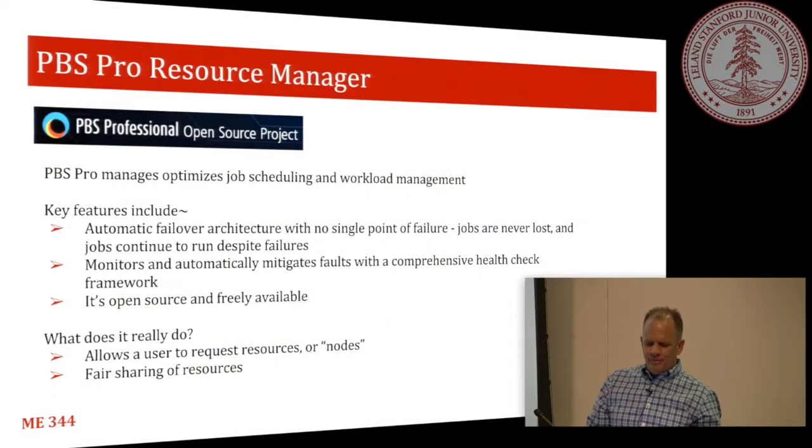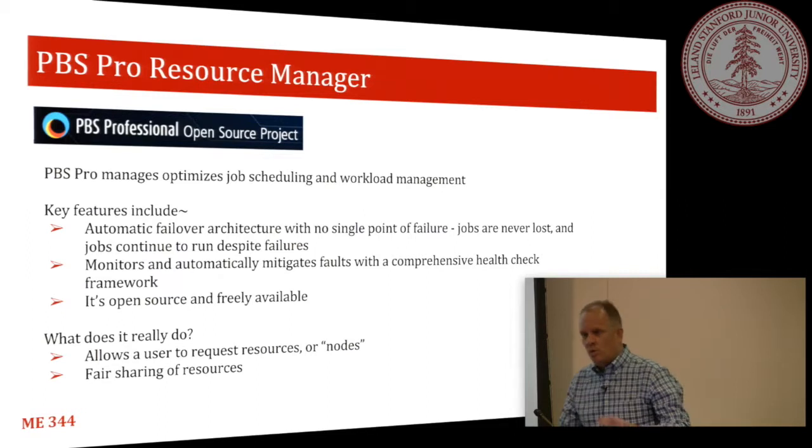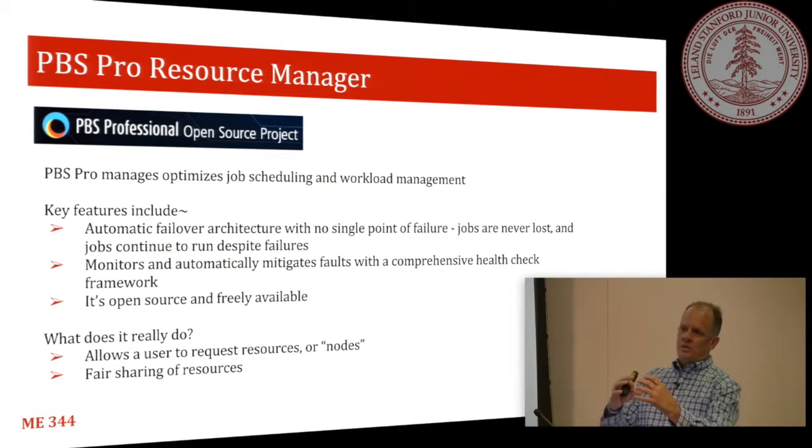So if you haven't been running a lot in the past 28 days and you go to submit a job or request nodes on the cluster, your job will move up the queue in front of everyone else's that have been running more often. I'm not sure what level of programming they've done with their scheduler to make sure that people have fair use of resources.